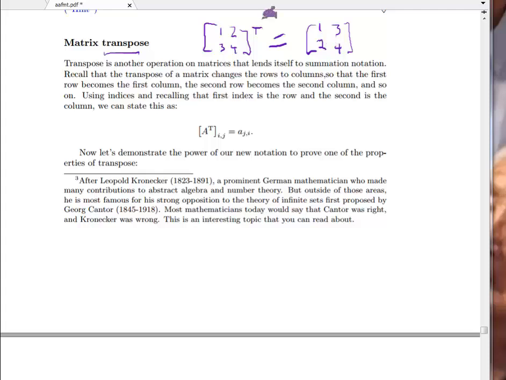So I've switched the rows and the columns. The ij entry of the transpose matrix is equal to the ji entry of the original matrix. So I can say ij of transpose is equal to ji of the original.